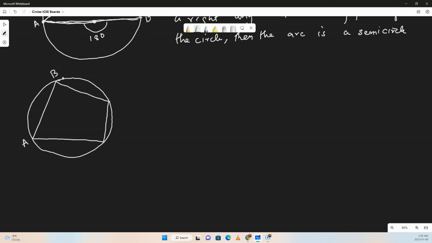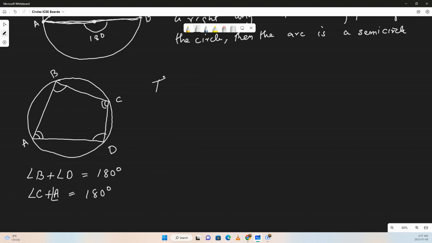ABCD is a cyclic quadrilateral. Let's say B and D are opposite angles. So they are saying that angle B plus angle D is equal to 180 degrees, which is supplementary. Or angle C plus angle A is equal to 180 degrees. That's what this theorem says.